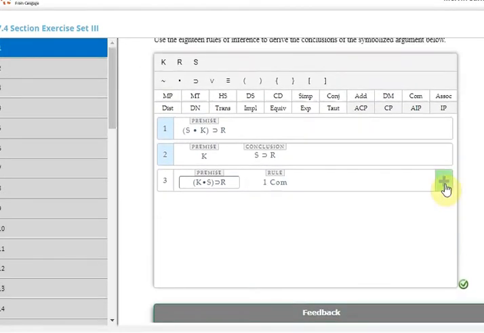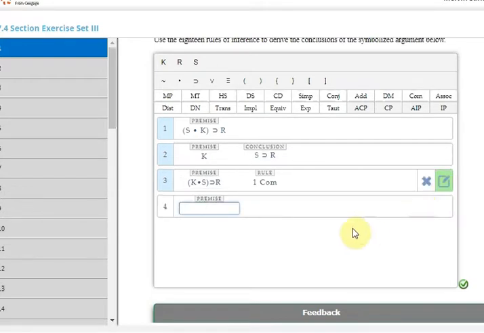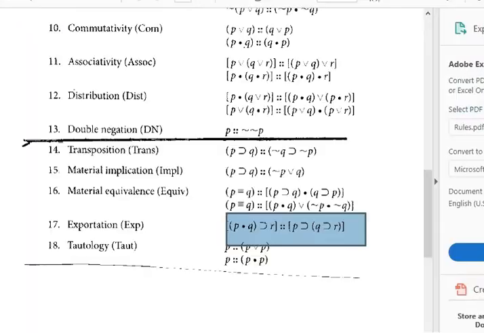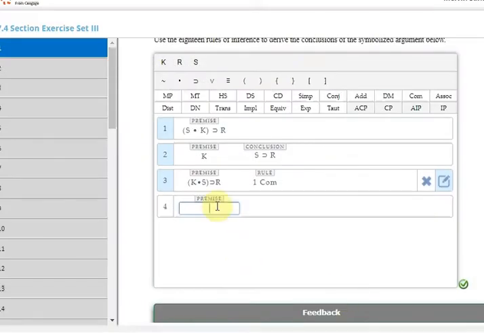So let's go ahead and do our second move, which is, remember, an application of exportation. There we have exportation to line 3. And so remember, when we apply exportation, we have if K, then if S, then R, right?